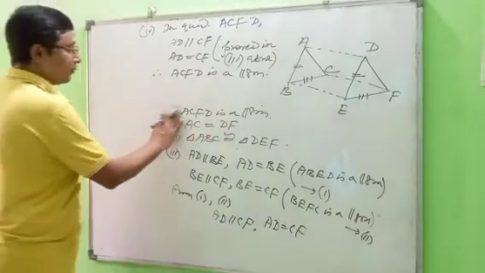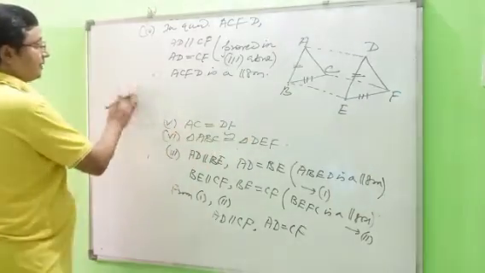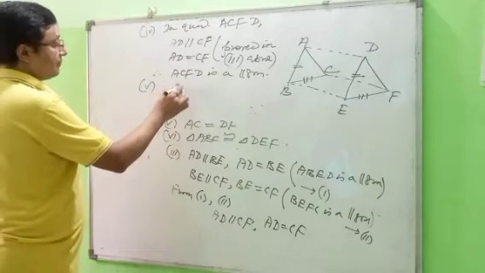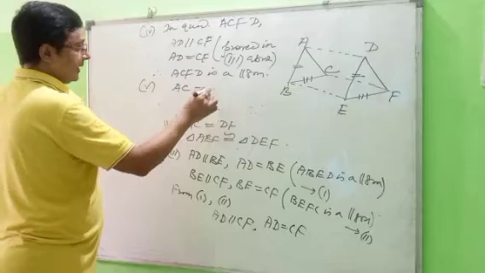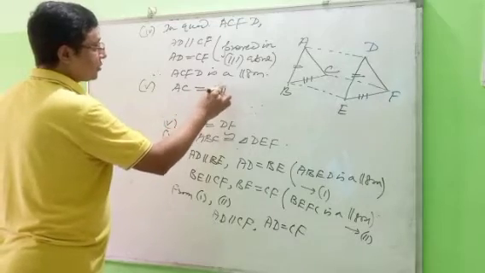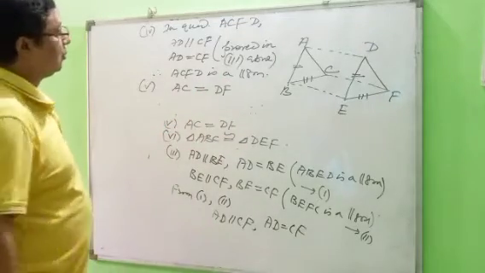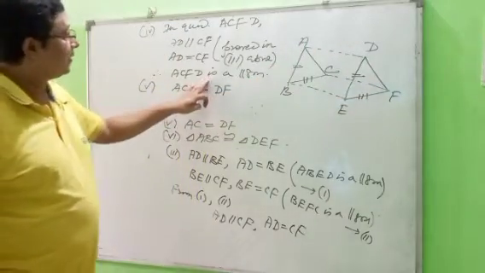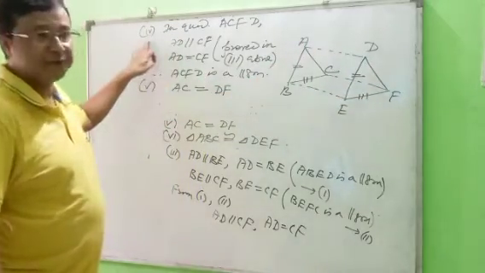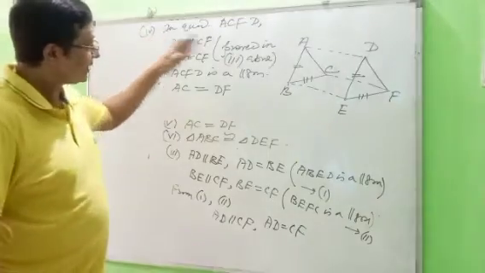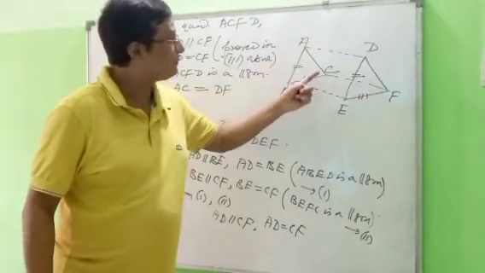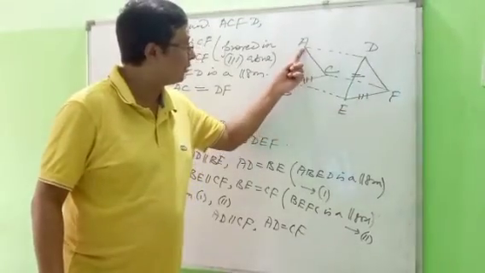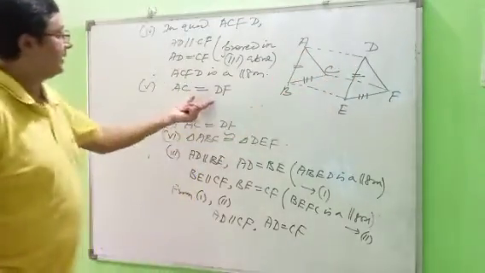So now next one is AC equals to DF. This is proof number 5. So you can easily say AC equals to DF. Since ACFD is a parallelogram, just now you have proved in 4 above. So since this figure has become a parallelogram, that is why the opposite sides are also equal. So you got AC equals to DF.